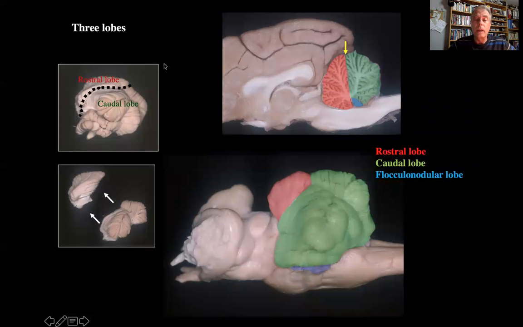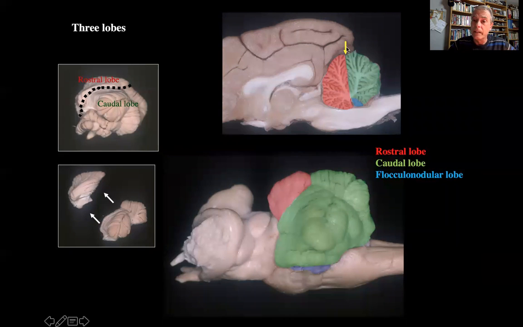Another way of dividing the cerebellum, more clinically oriented, is dividing the cerebellum in lobes. Here, this dotted line marks the boundary between the rostral lobe and the caudal lobe.